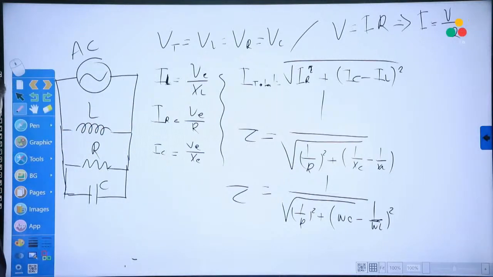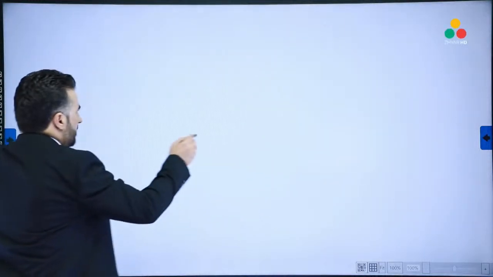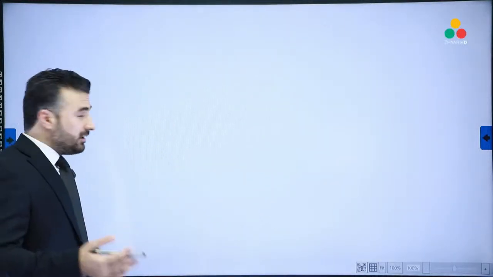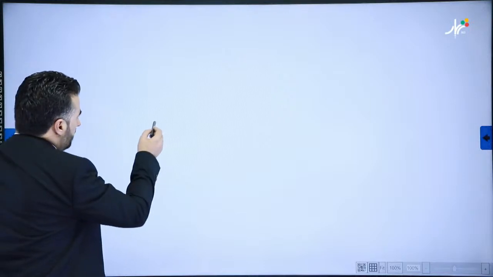In order to represent this vectorially, we have this. In a parallel circuit, we said that the voltage is the same everywhere in the circuit.